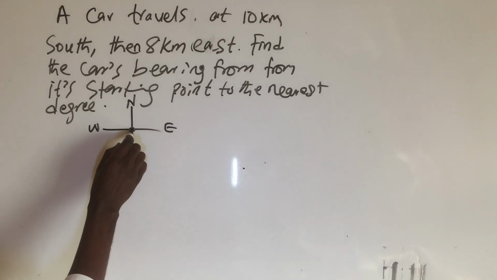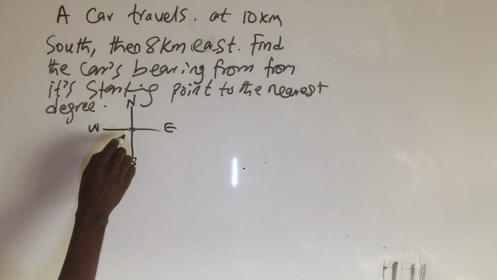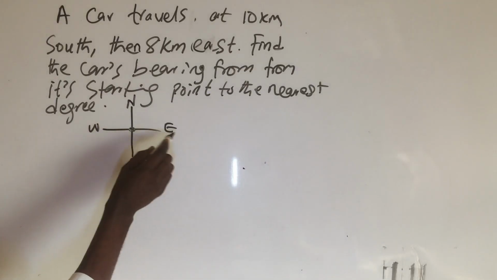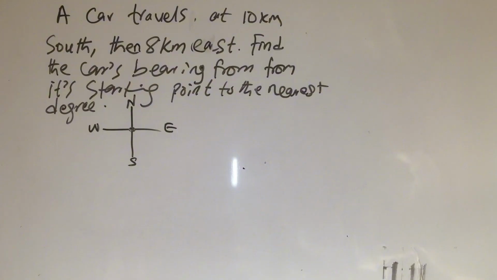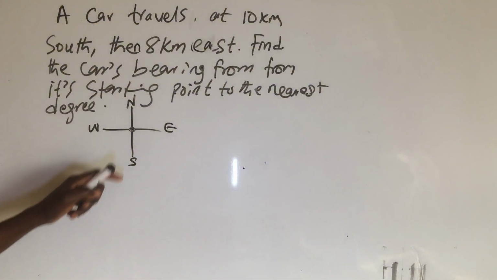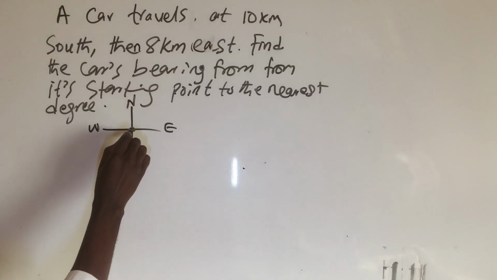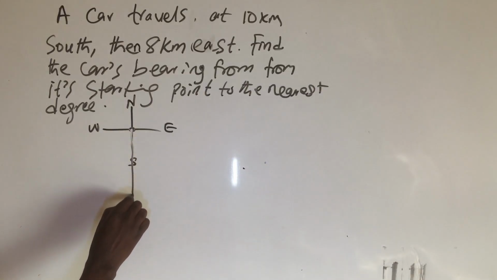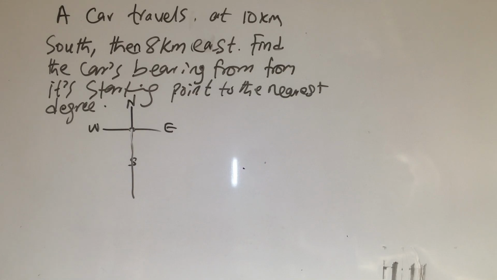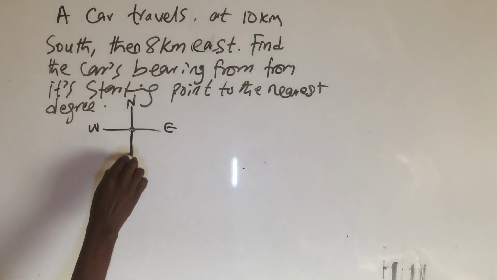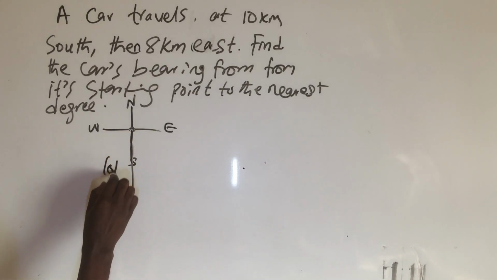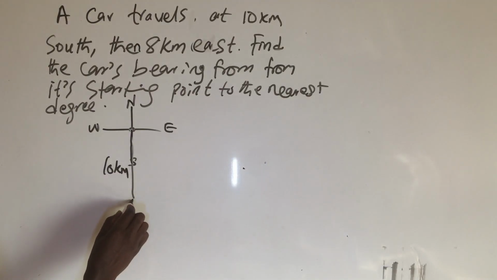The north side is here, the southern side is here, and the west and east sides are represented. Now this car that started here moves down to the south up to 10 kilometers and stops here.